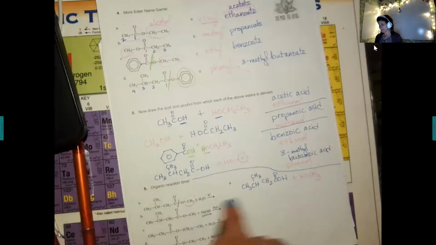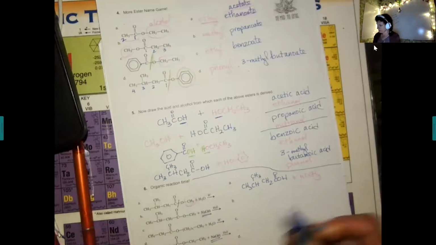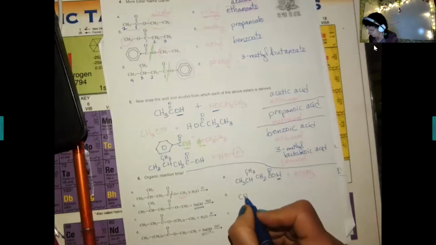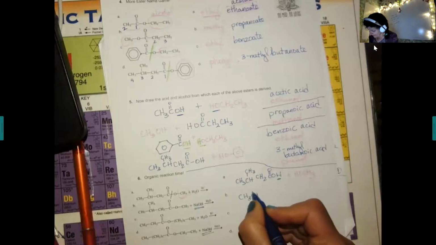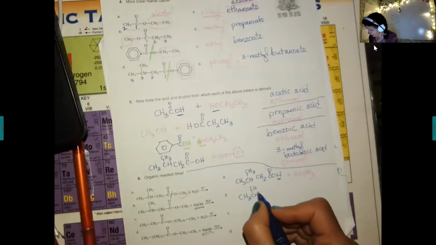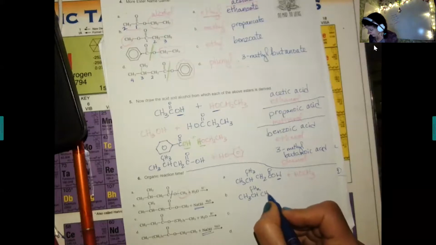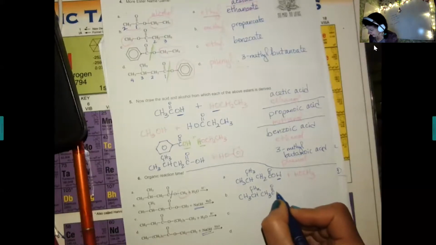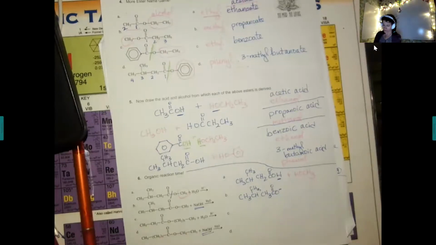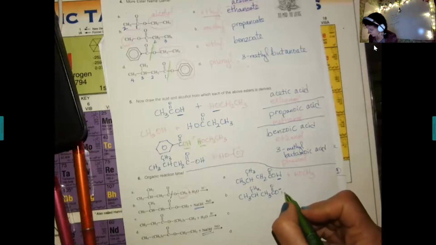This is just saying we're keeping it in an acid environment, so this H will be on here. On the second one, we cut it the same way. You're still going to get the methanol. The difference is that hydrogen comes off and we'll have a sodium on there.